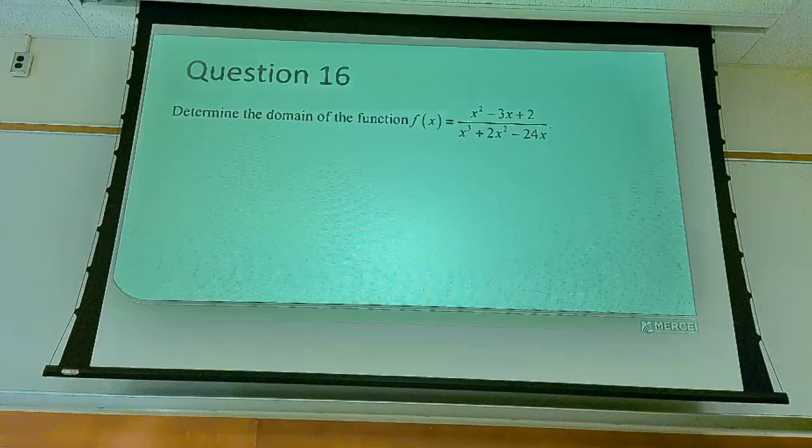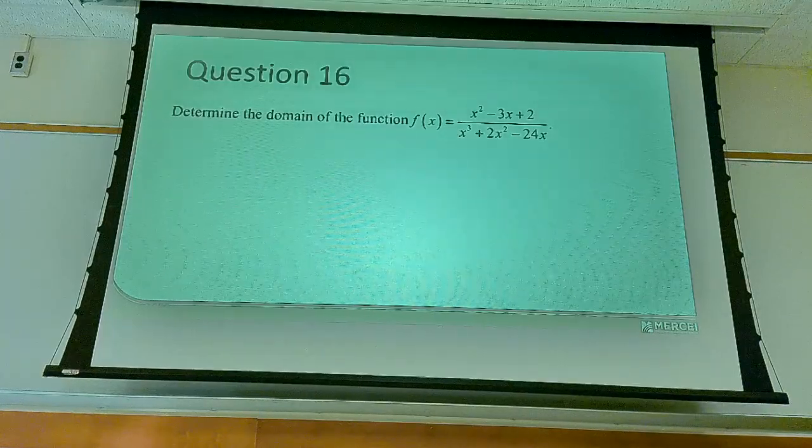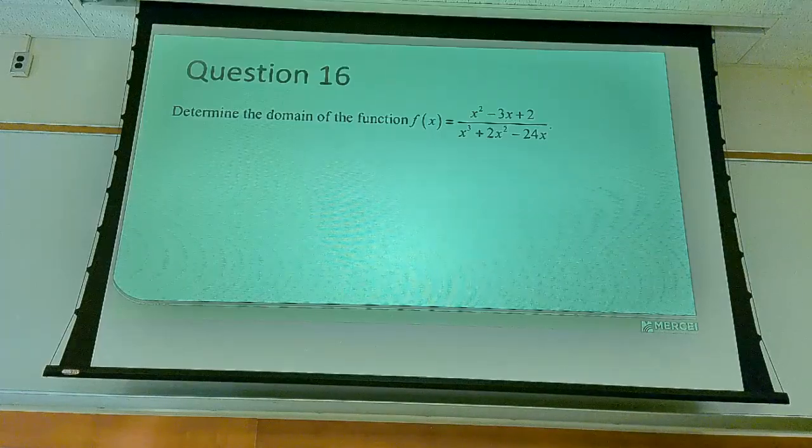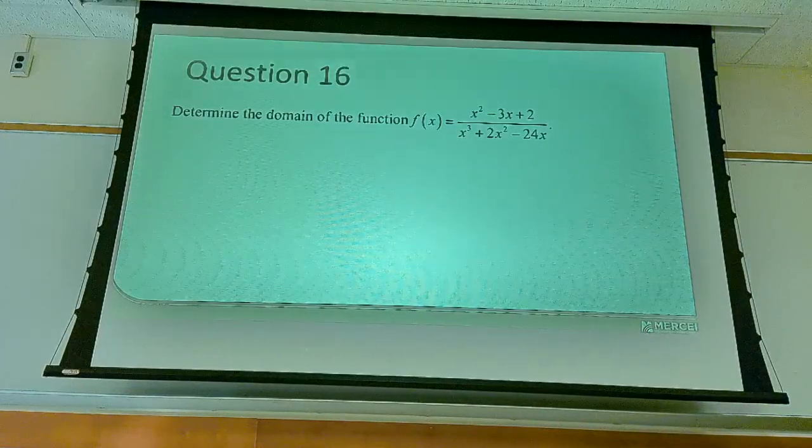Right. For this function, we have a denominator, right? Which means what's in the denominator can't be 0.